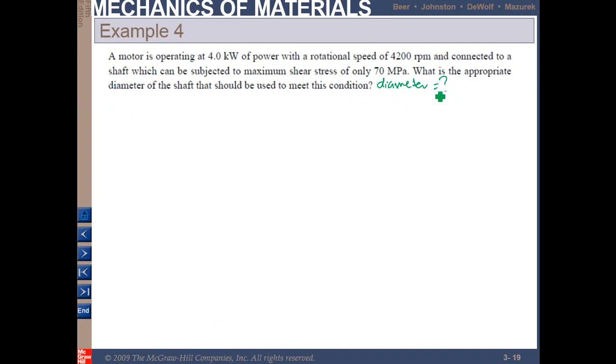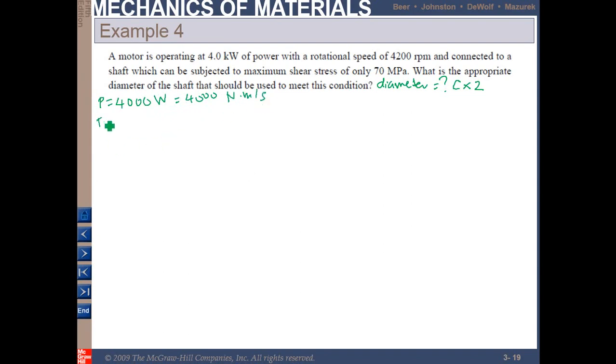So diameter is equal to radius times 2, or C times 2. Okay, so we know that power is equal to 4 kilowatt, which is 4,000 watt, or 4,000 Newton meter per second.